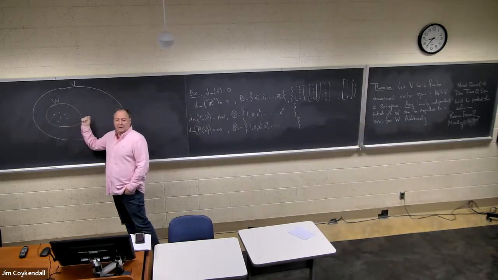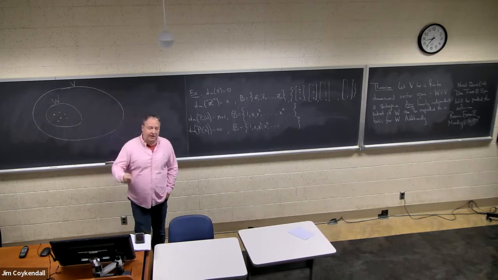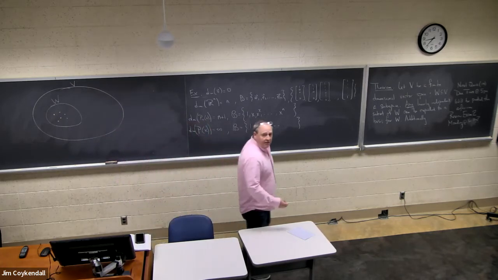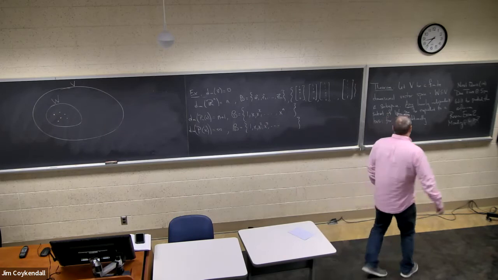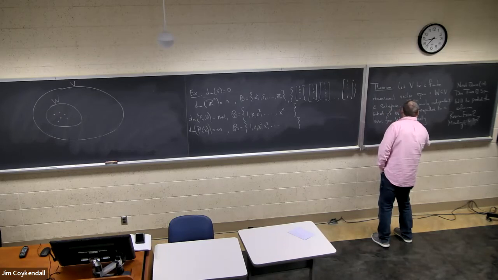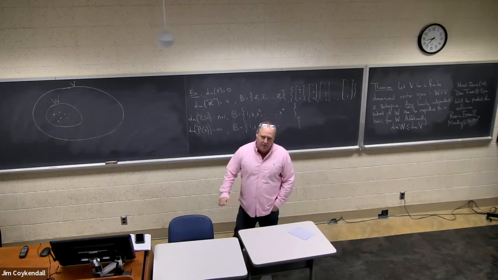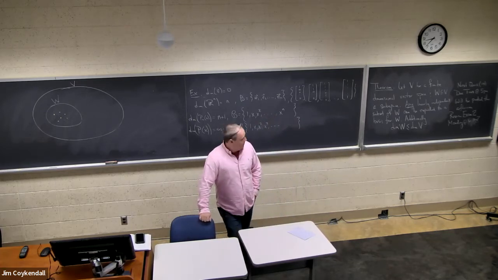Look at my picture here. Which vector space is bigger? Both of these vector spaces, V and W, have bases. What do you suppose the relationship is between the dimensions, that is, the number of elements in the bases? The number of elements in the basis of W is less than or equal to the number of elements in the basis of the big space. Everybody okay?